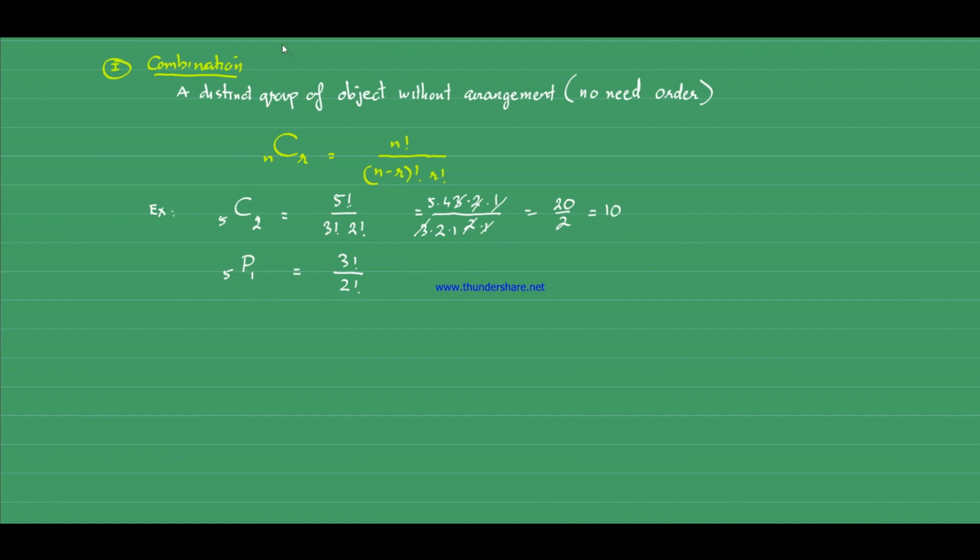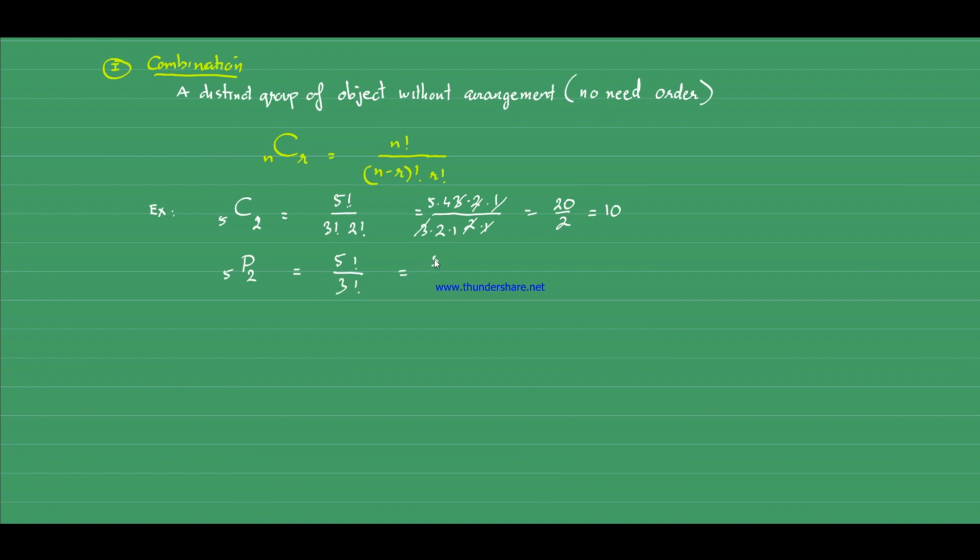How about this? We have 5, 2 as a permutation. Again you have 5 factorial and 3 factorial, since 5 minus 2 is 3 factorial.